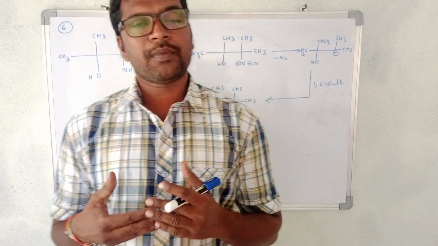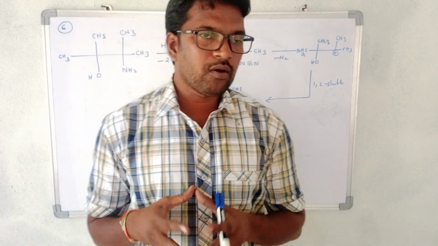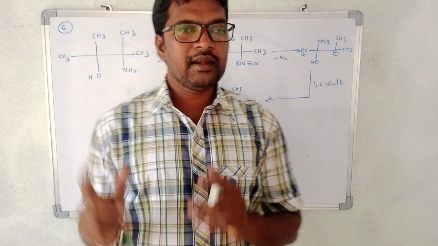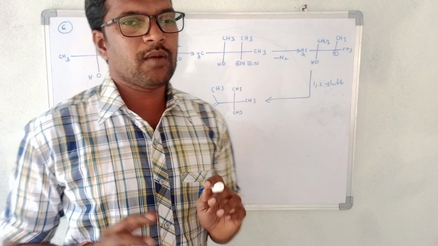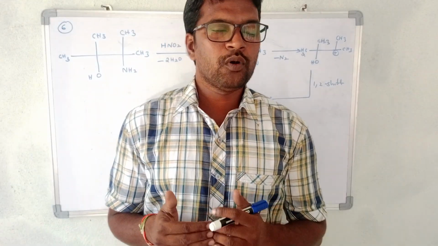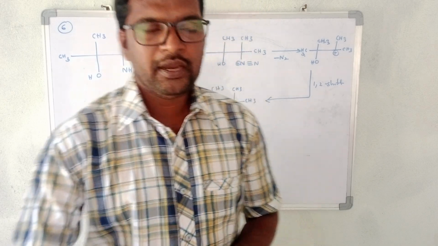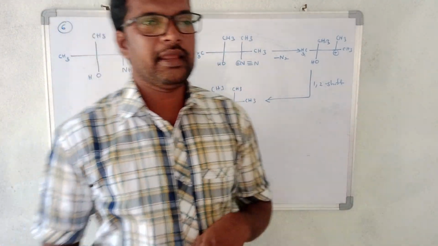Whenever two different groups are present, we must follow the migrating group order. Whenever it is unsymmetrical, we must consider the formation of the more stable carbocation, and from that the reaction can take place. It is overall the pinacol rearrangement reaction.